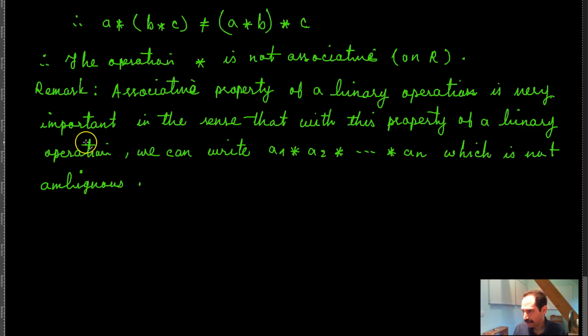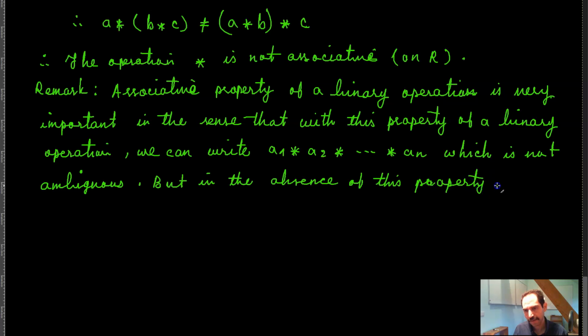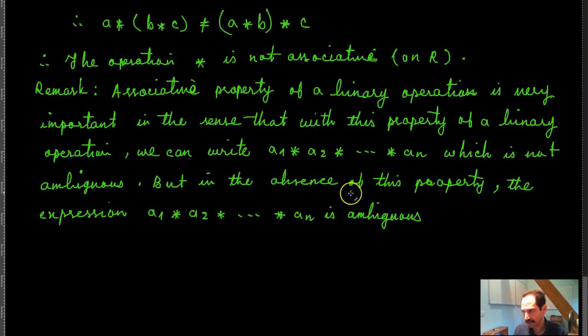But in the absence of this property, the expression A1 star A2 star all the way up to A of n is ambiguous unless brackets are used.